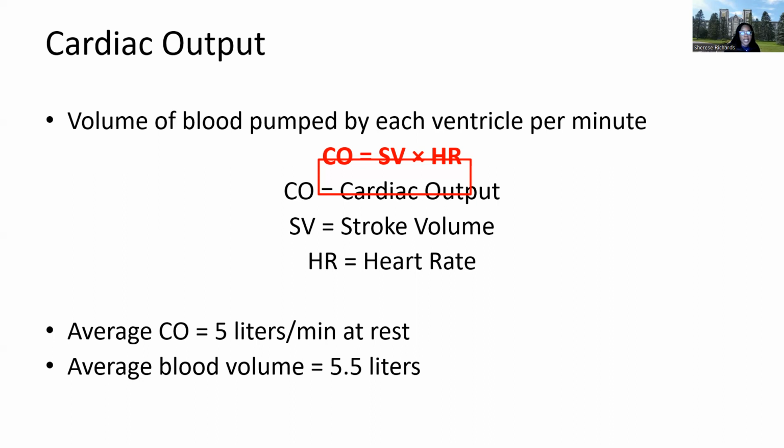So it's the stroke volume times the heart rate. So it is telling us how much blood can be distributed. It can be calculated from both of the ventricles, but usually when we talk about cardiac output, we're referring to the left ventricle and the output from that chamber, simply because the left ventricle is going to supply the blood to our entire systemic circulation.